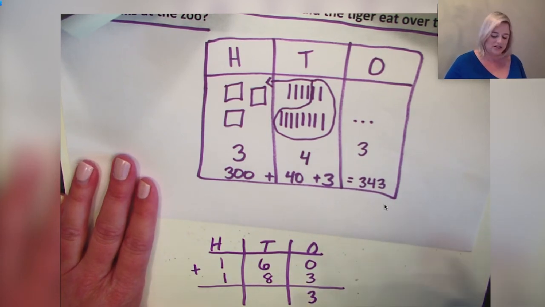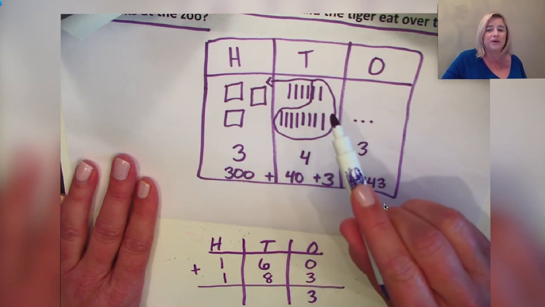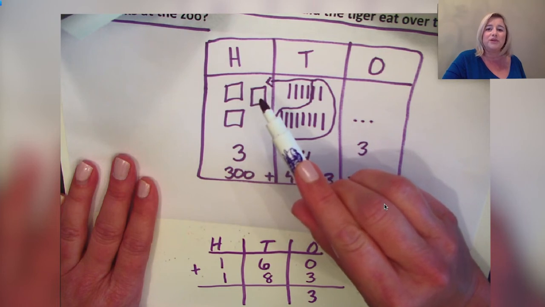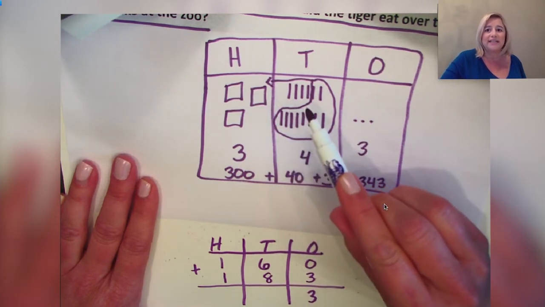Now, when we add our 6 tens plus 8 tens, we get 14 tens. In our model, we traded in, remember, 10 tens for a 100 flat and moved it to the hundreds place, leaving us with 4 tens.